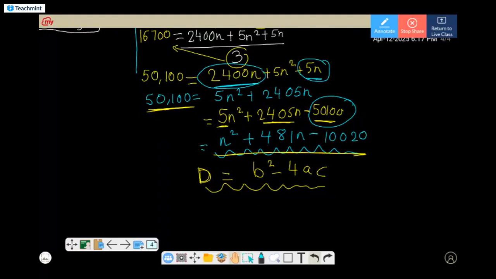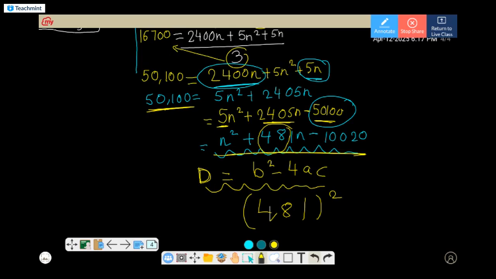So what is b square? B is the number at your middle term. So the number is 481, and then you have to square it. For such big numbers, this is going to be lengthy because you have to know the squares or square roots very well.